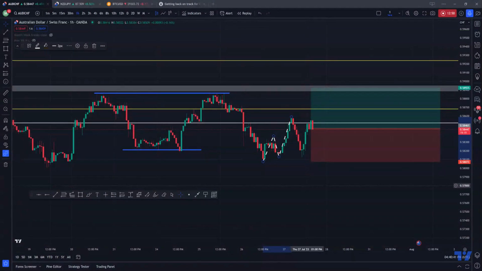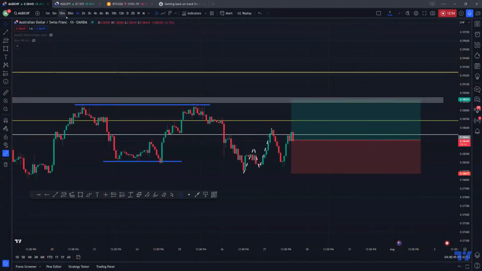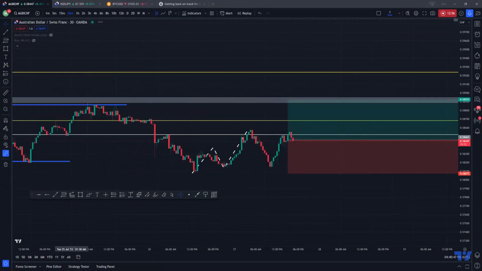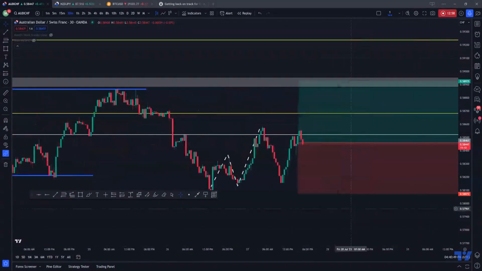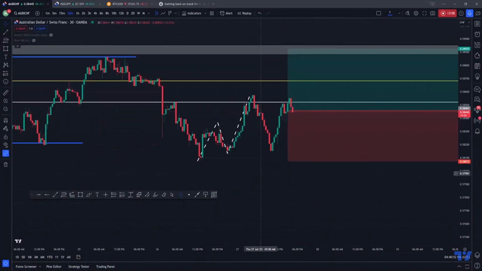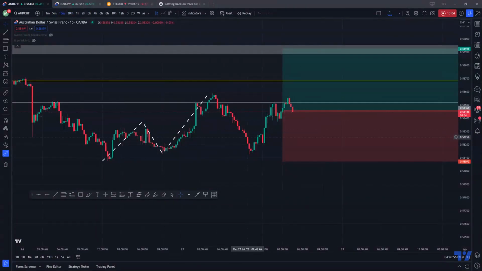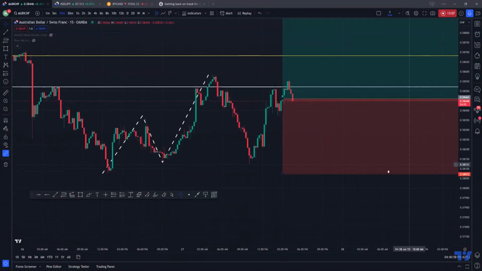And then I intend to like lessen it or like reduce my risk right now, so I can go to like the 30 minutes and still look for the structure. I'm not seeing a really good structure right now. So I'm gonna go to 15. So on the 15, you can see we have this right here.